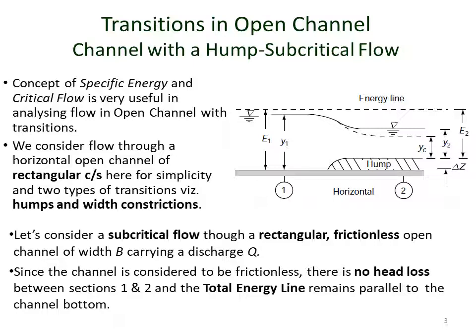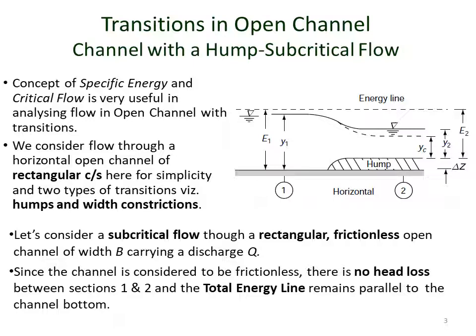The width of the channel, let's assume to be capital B, and the discharge through the channel is capital Q. As there is no frictional head loss in the channel, the total energy line, as shown in the figure on your right, is a constant one.